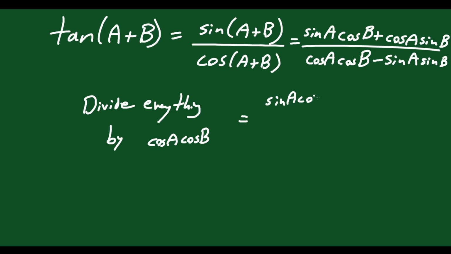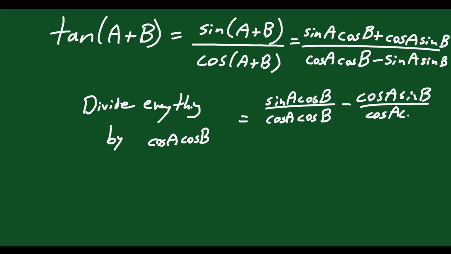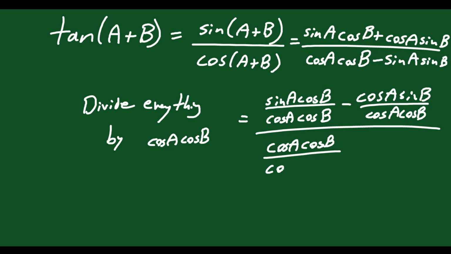You have sine A cos B over cos A cos B plus cos A sine B over cos A cos B, over cos A cos B over cos A cos B minus sine A sine B over cos A cos B.